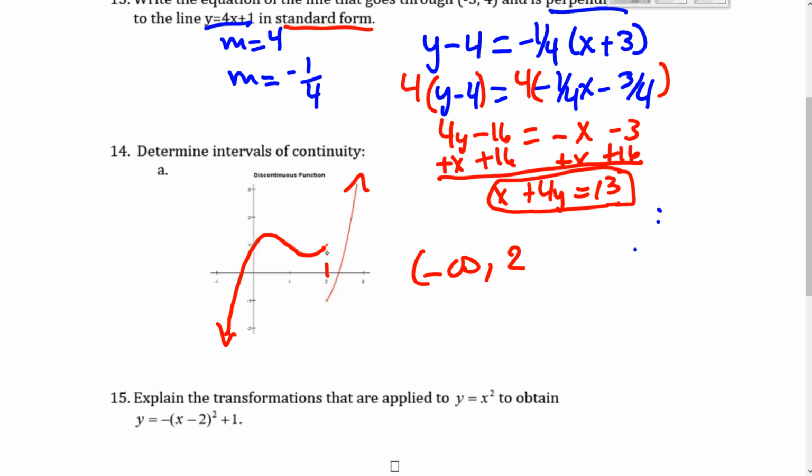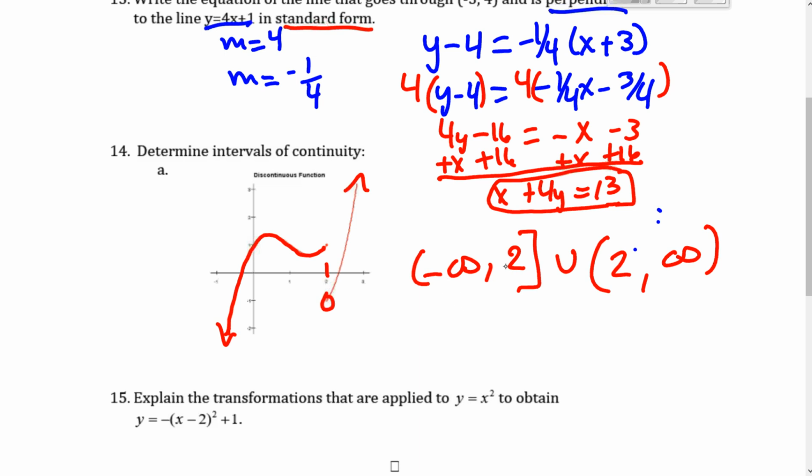It does go to 2, and I actually do have a y value at 2, so I go ahead and put that in a bracket. And then I continue on from there. Since this is an open circle here, I'm going to use a parenthesis, and I go from 2 to infinity. So right here, that would be my domain, where I have continuity.